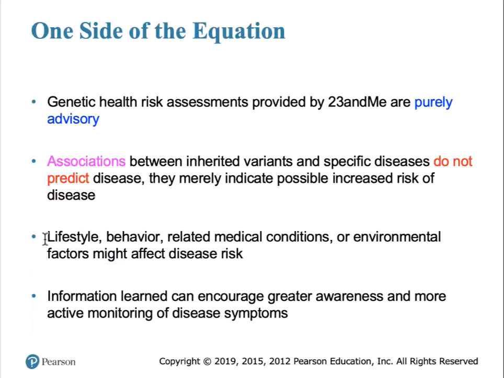Other factors such as lifestyle, behavior, related medical conditions, and environmental factors may increase the risk of developing these diseases. Customers are advised to follow up with their physicians to get a deeper assessment if one is available. That concludes this chapter.